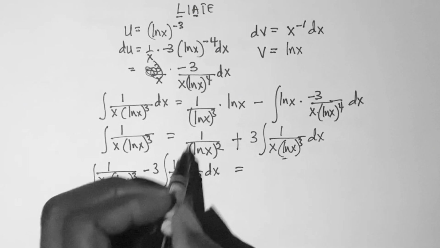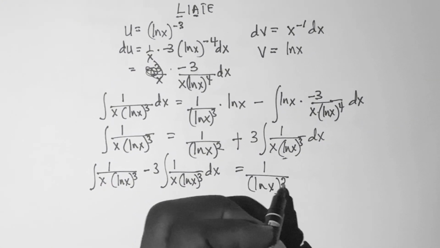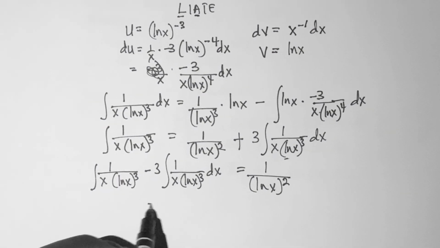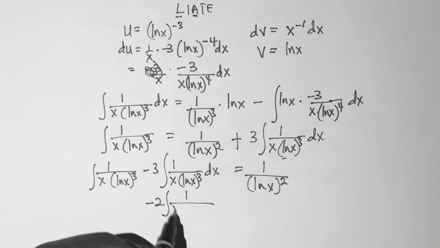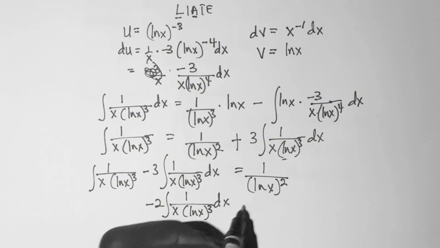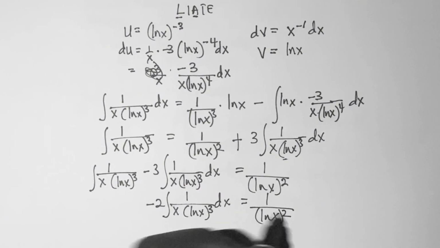And this is equal to this, which is 1 divided by natural log of x all squared. So here we'll be left with minus 2. So here will be minus 2 integral of 1 divided by x times natural log of x all exponent 3 dx equals 1 over natural log of x all squared.